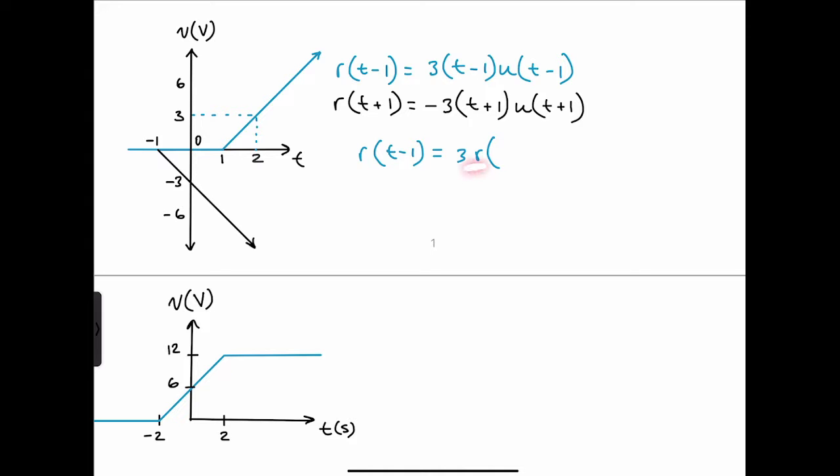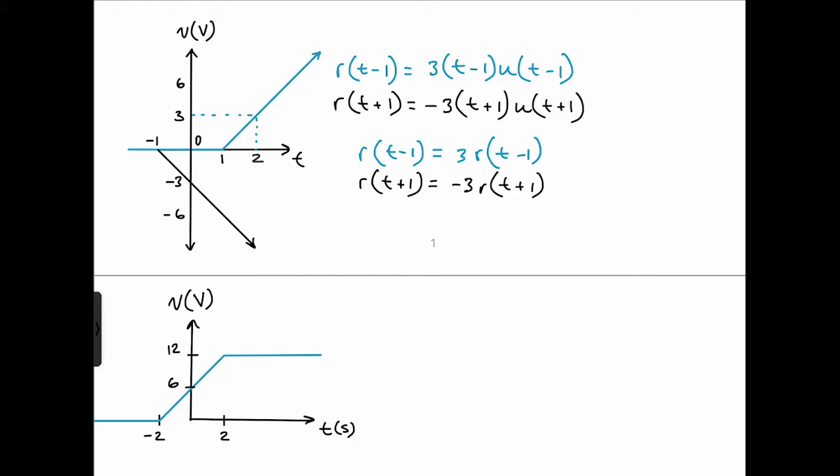As you can see, we indicate that as the time-shifted ramp function, t minus 1, and R of t plus 1 is equal to negative 3, R of t plus 1. So both sets describe each of our ramp functions.